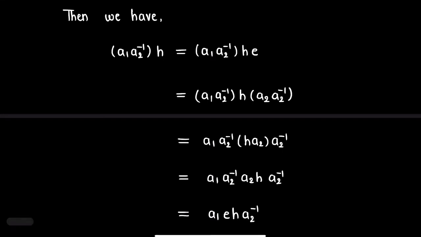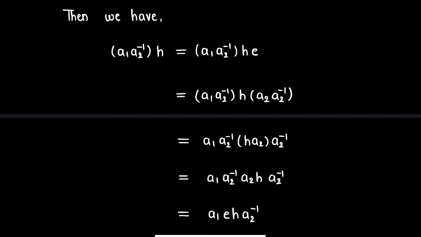Now we have a1 a2 inverse h. This can be written as a1 a2 inverse h e, where e is the identity element of group G. Now in the next step, this e can be written as a2 a2 inverse.